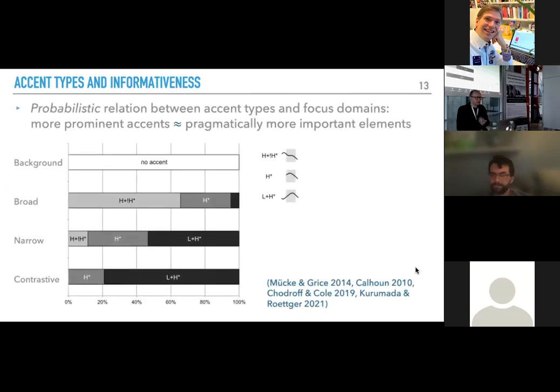So several studies have shown that such a relation generally exists, but that it is probabilistic in nature.